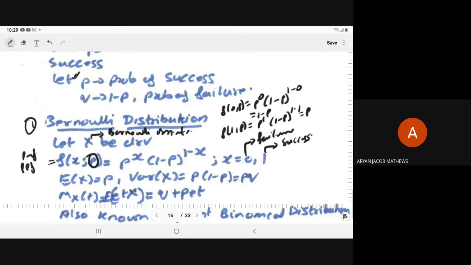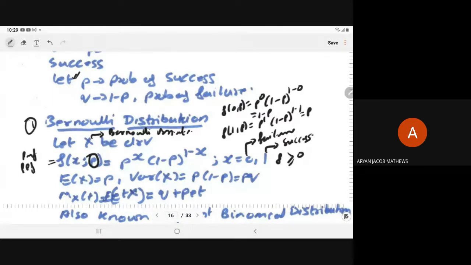First of all, you can see this f is greater than or equal to 0 for both values 0 and 1. And you can see the sum of f, that is f(0) plus f(1), is 1 minus p plus p, which gives you 1.